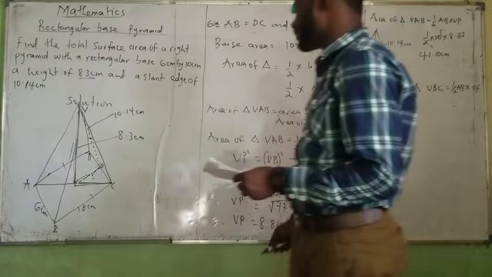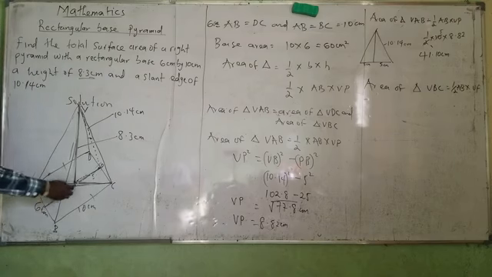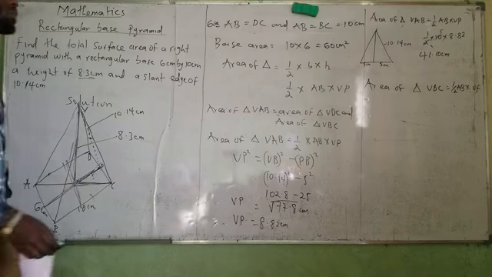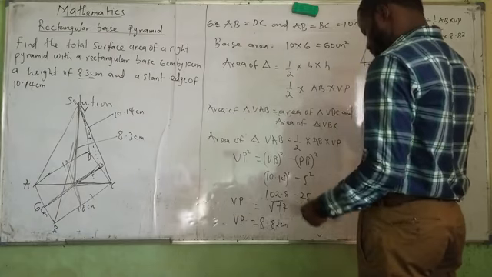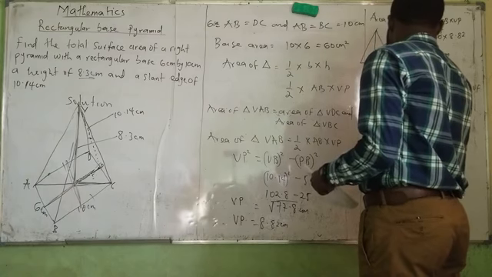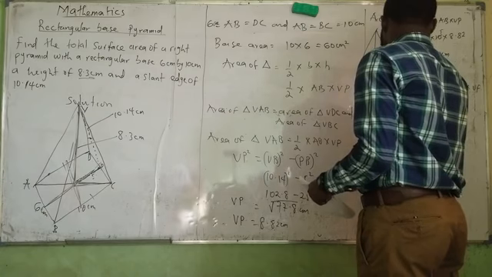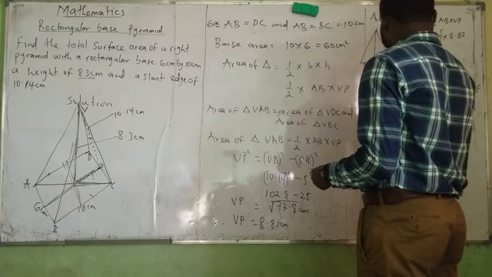Now VF, it means the one I finished now is from here to here. Now this time around I'm talking about from here to here. It means I'll be talking about something like this, and here will be 3 centimeter, 3 centimeter, and here will be 10.14 centimeter.